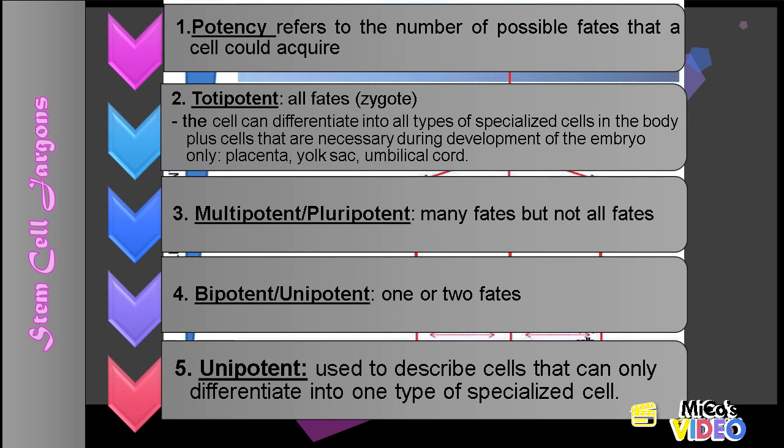Unipotent is used to describe cells that can only differentiate into one type of specialized cell. Spermatogonial stem cells found in the testicle, for example, are unipotent because they can only form spermatozoa.